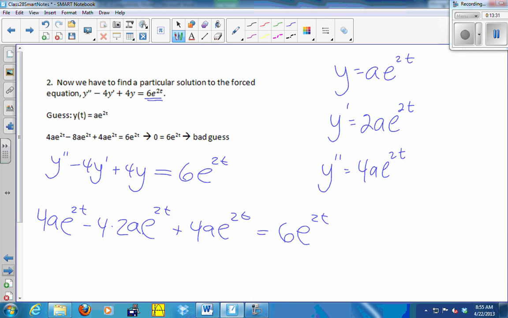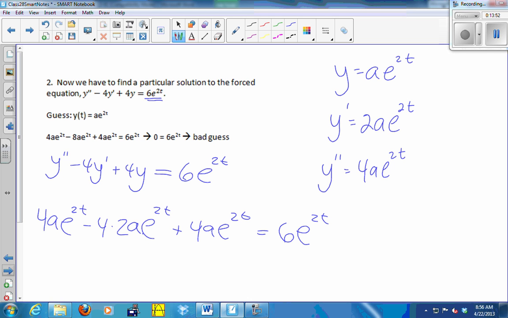And no choice of a will work because the left side always comes out to 0. All my terms cancel. So we say this is a bad guess. So often what we did in chapter 1 when we had to do this guessing technique is, when you have a bad guess, it's a reasonable guess to choose a function of the same form as the right-hand side of the equation.